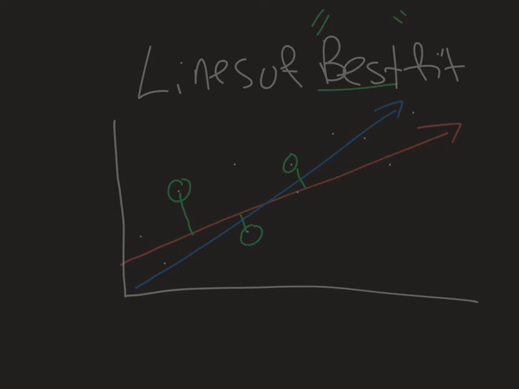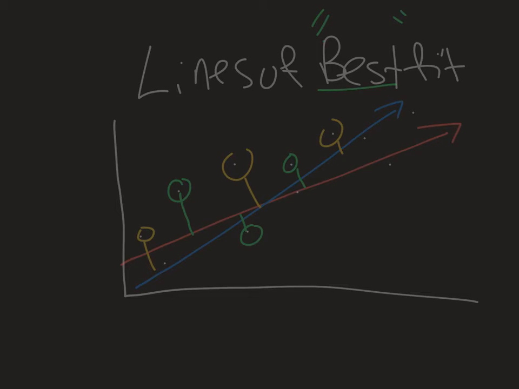Then I would do the same thing with the blue line, comparing it to every data point. I'm not necessarily going to draw each one, but I'm just showing you what it would look like on a graph. Whichever line has the smallest distance once I'm done totaling them all would be the line of best fit. So it's the line that is closest to all the data points. That would be indicative of our best one.